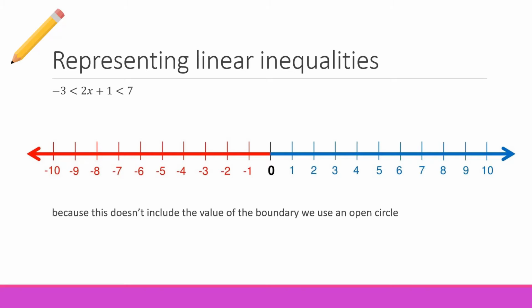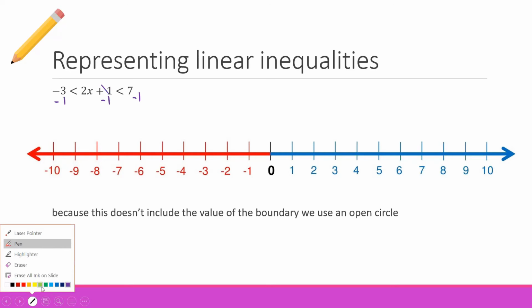Now, in a question like this, we do the same things that we were doing just before, but we do them to both sides. So we're going to subtract 1 from here and from here.